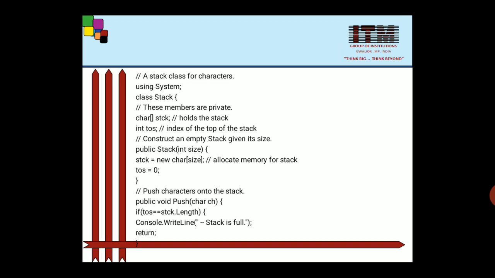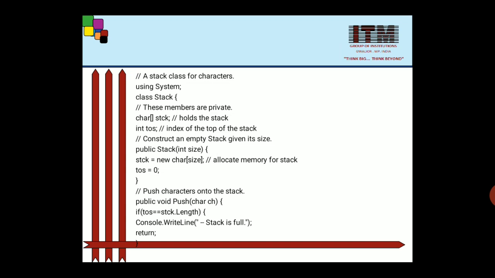The stck array provides the storage for the stack, which in this case holds characters. Notice that no array is allocated here, so the allocation of the actual array is handled by the Stack constructor.